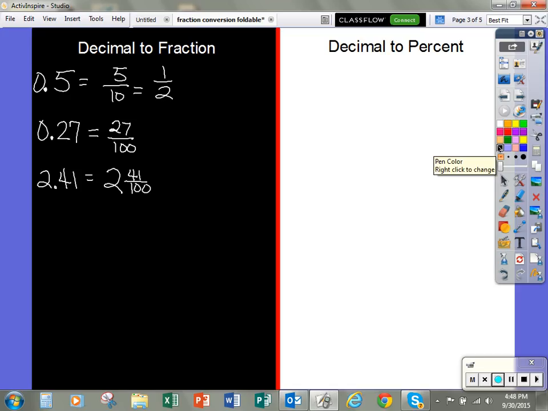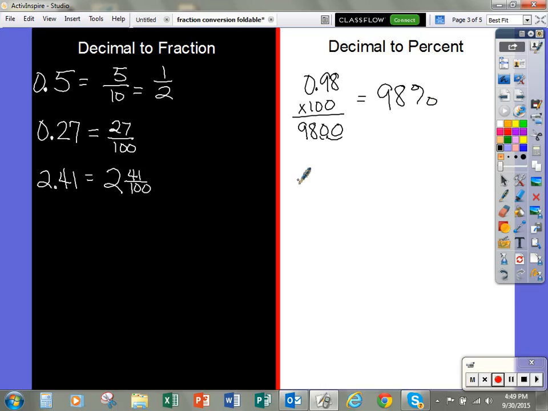So all we do is we take our decimal, 0.98, and we multiply that by 100, and count over 1, 2, so that would equal 98%.